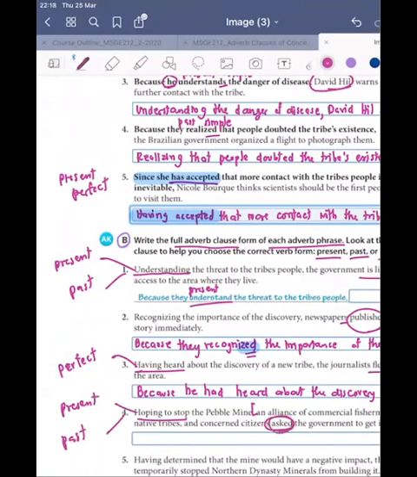But then you have the word asked, with ed. So because they hoped to stop the pebble mine, and then the rest is the same. They hope to stop, or they hope that they could stop. It's up to you.